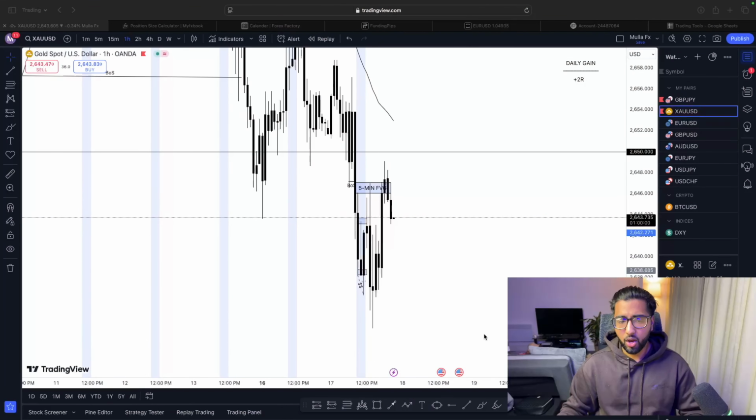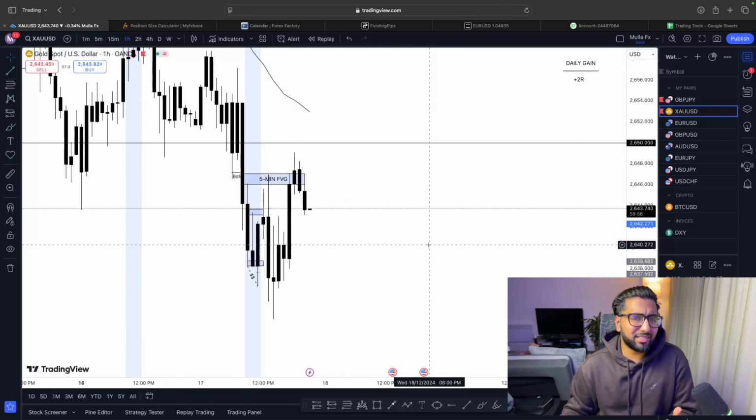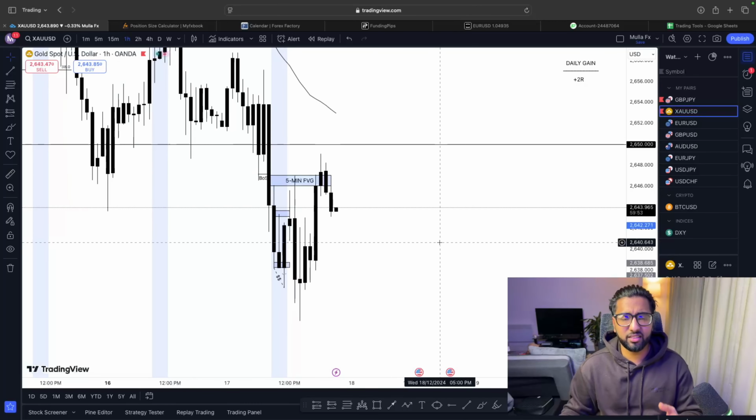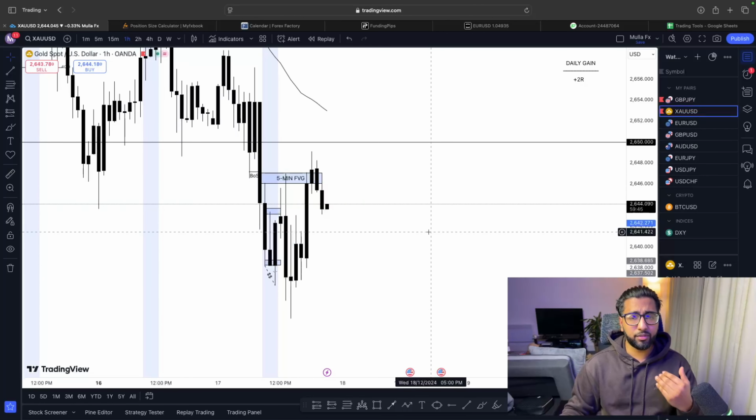Okay, guys, so first thing first, let's go straight into our charts. We need to first understand what lot sizes are and why it's necessary for us to learn this, and make sure it's done correctly. Well, the reason is, let's say I have a $500 account and I want to risk $25 per trade.